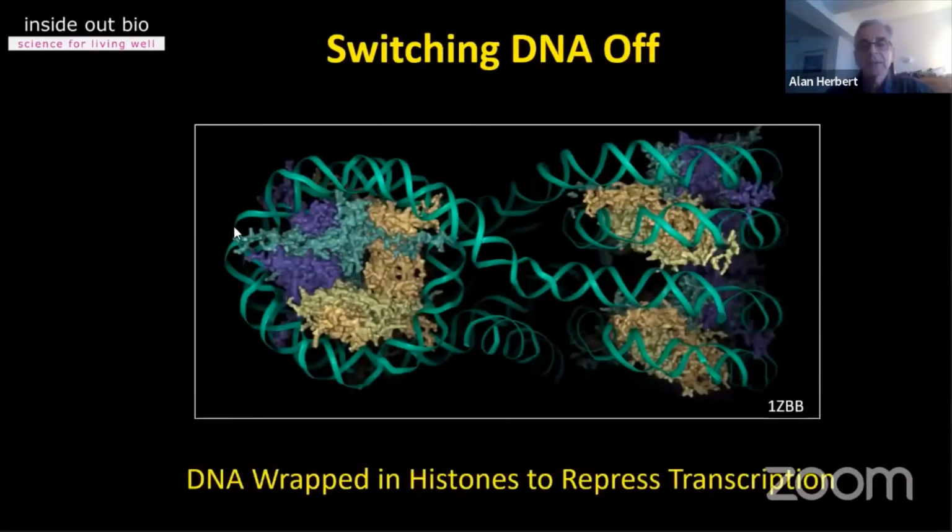You can also use wrapping of DNA into these nucleosomes that were mentioned before. So normally, because the genome is so large and because a lot of it is non-coding and of dubious value, most of the DNA is actually packed into these nucleosomes, and so this represents an off state.